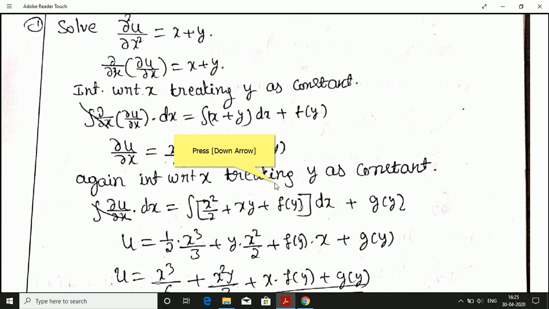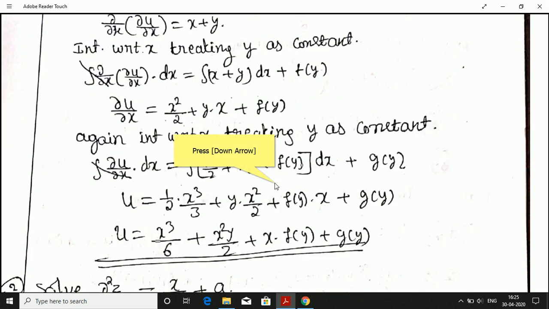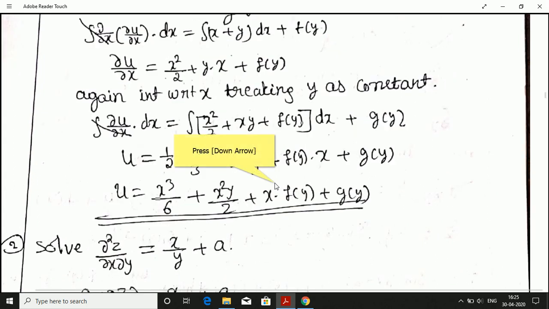Integral and derivative get cancelled. u is equal to 1 by 2 constant, x square integration is x cube by 3, plus y constant, x integration is x square by 2, plus f of y constant, 1 integration with respect to dx is x, plus g of y. Or else u is equal to x cube by 6 plus x square y by 2 plus x into f of y plus g of y is the solution for the given partial differential equation.